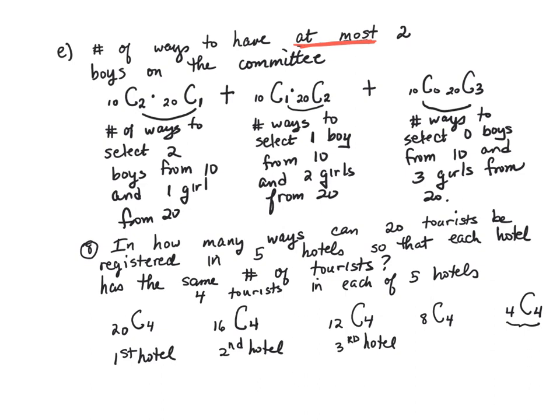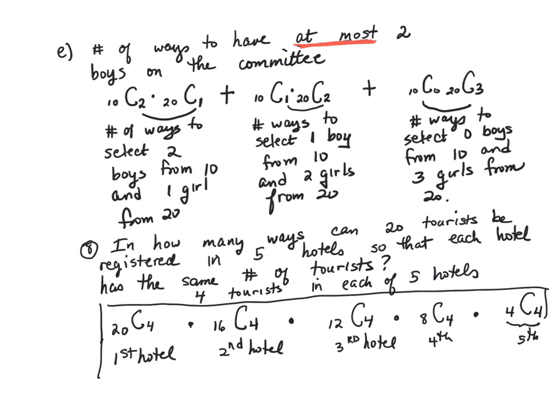And by the counting principle, because we're selecting all of these tourists with the word and, we multiply this result. So whatever the value of that expression is would be the total number of ways under the situation. All right, so that takes care of combinations.